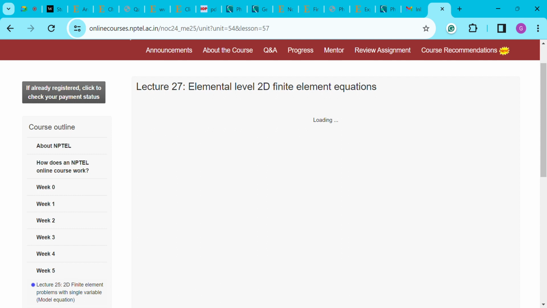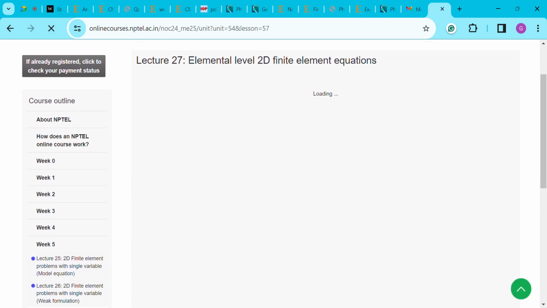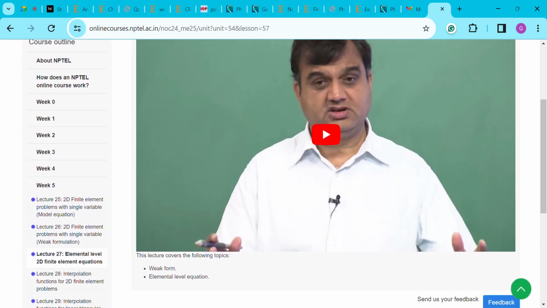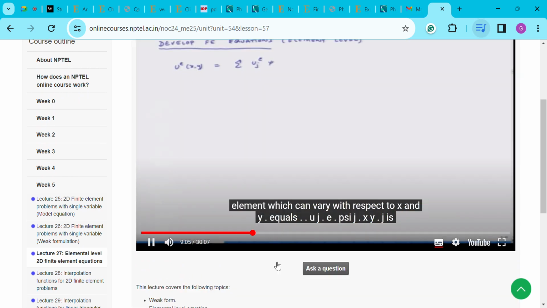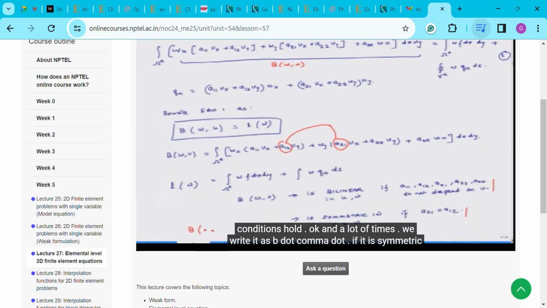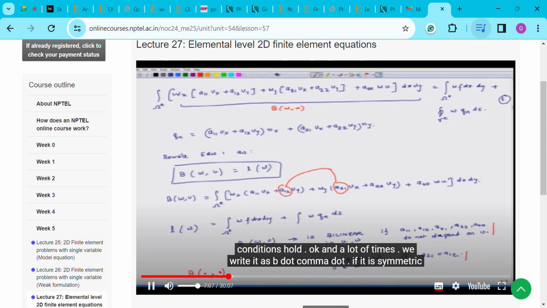It is not opening. Till then, the conditions hold, this one, right? Yeah, like in the last of these things.